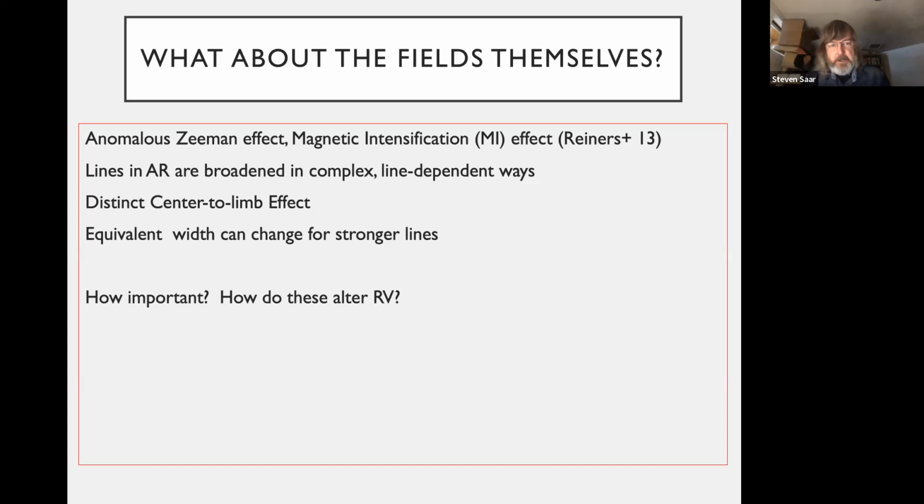This is going to do something. And the question is, well, how important is it? And how much does this alter the apparent radial velocity? Again, for first work, you can have a look at Ansgar's paper for a good start. This is a further investigation of some of the details.